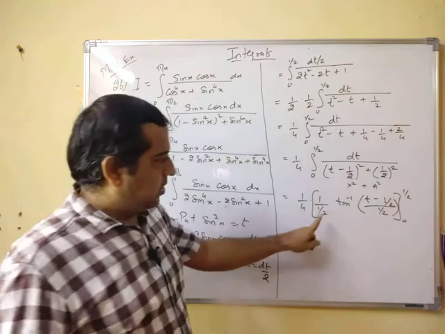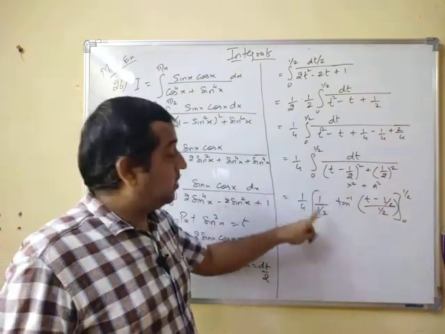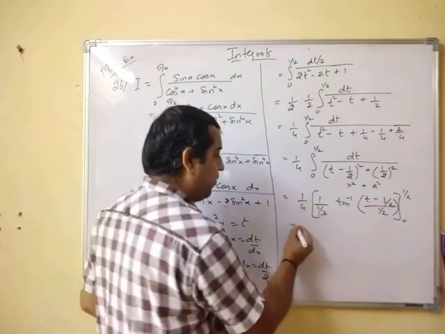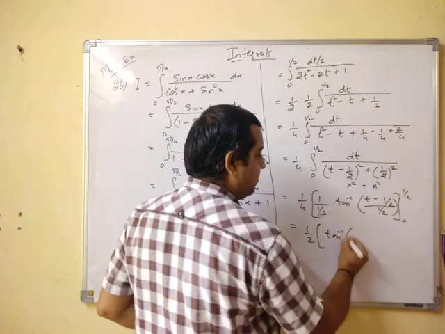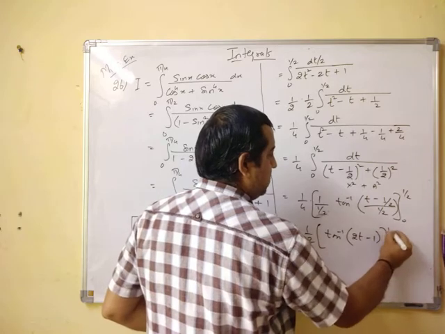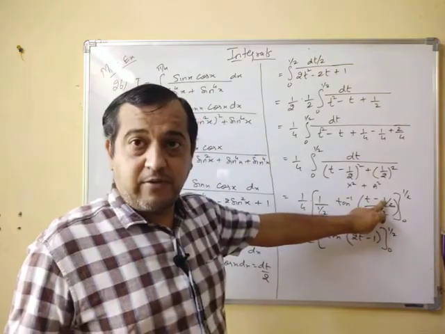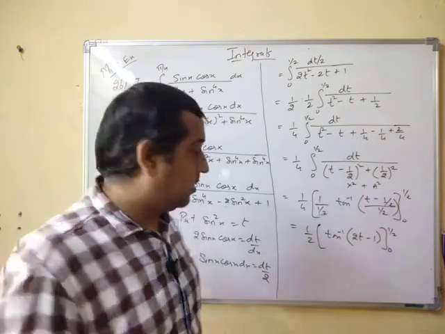Now this 2 has nothing to do with the limits, it will come outside. So 2 by 4 gives you 1 by 2. You are having tan inverse, you can write this as 2t minus 1, 0 to half. Why? This t minus half multiplied by 2 gives you 2t minus 1 upon 2, and in the denominator you are having half, 2 gets cancelled.